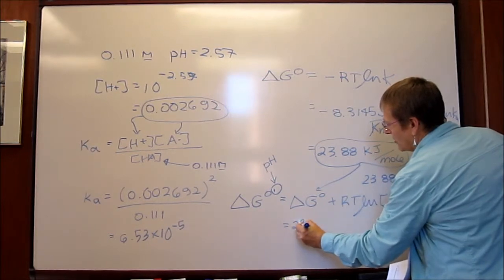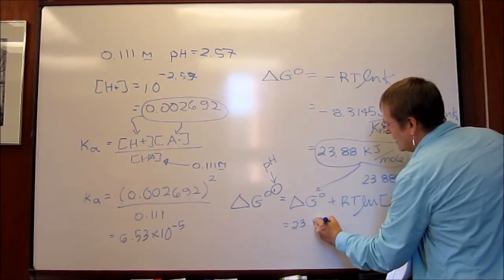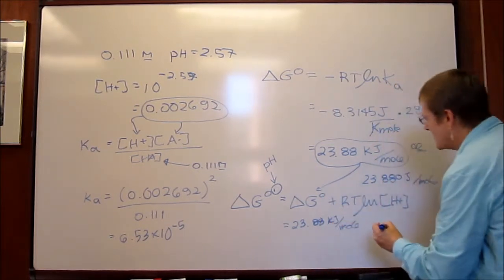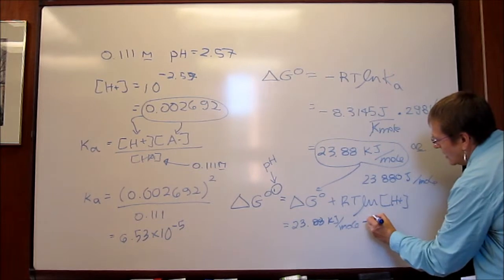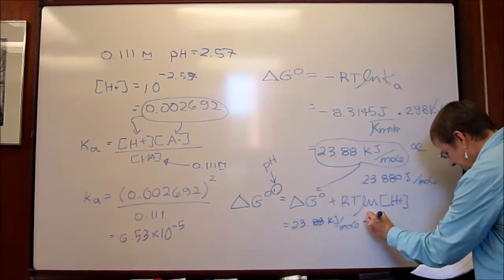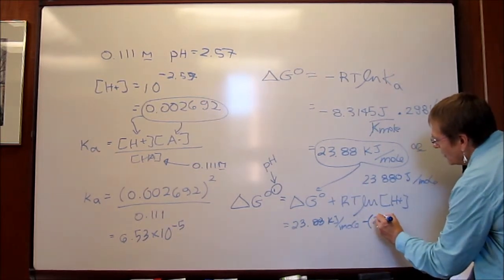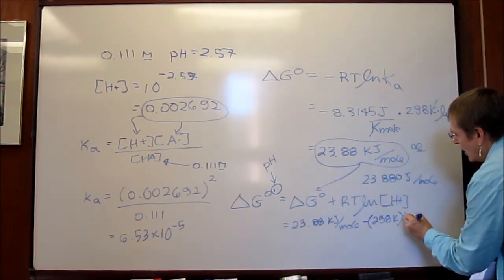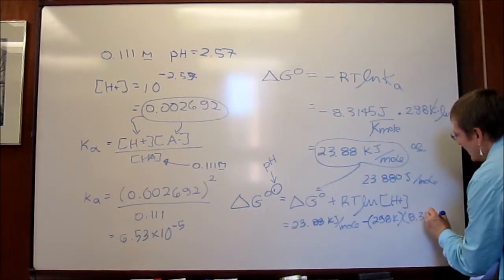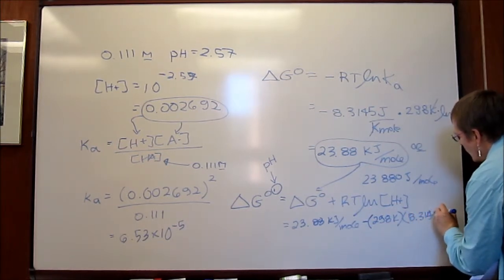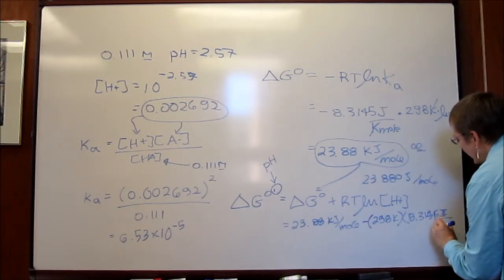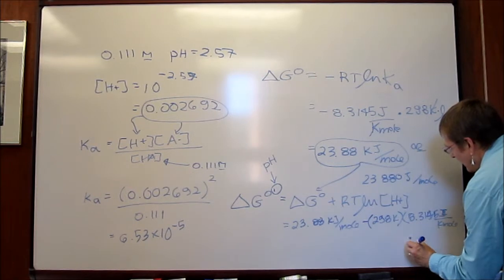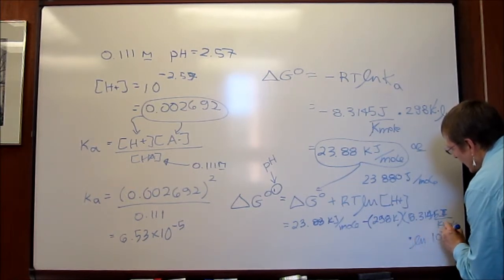That's 23.88 kilojoules per mole. And then I have to do this bit of math here and add RT. So T is 298 Kelvin, and R is 8.3145 joules per Kelvin mole, times the ln of 10 to the minus 7.